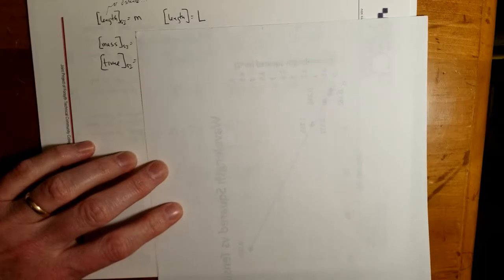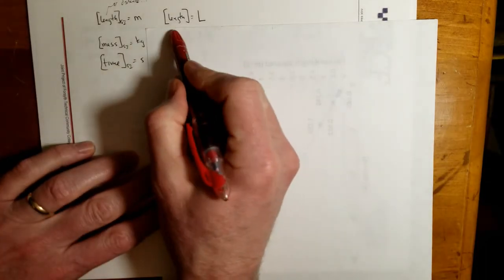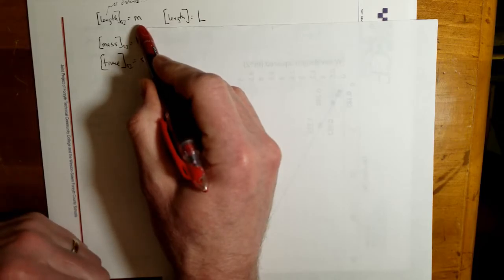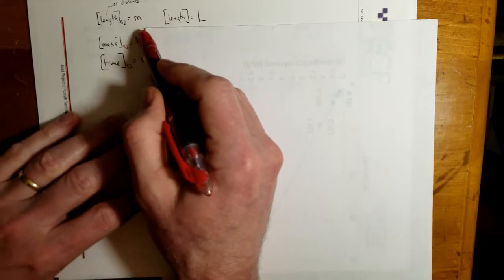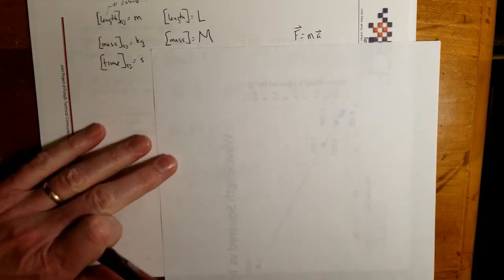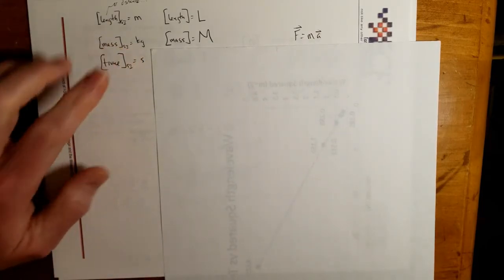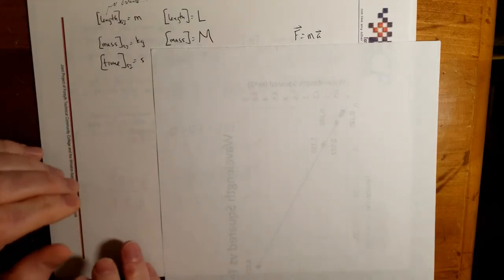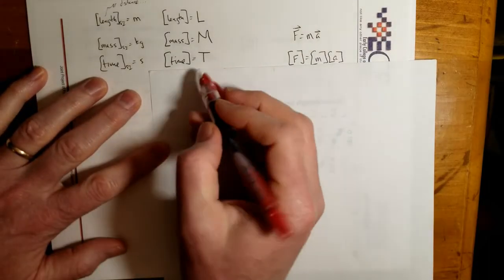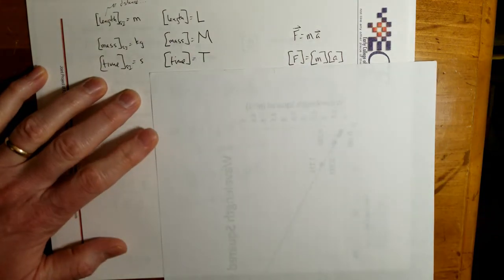But generically, because there are other units of length, there's feet, there's centimeters, there's inches, there's yards, there's miles, there's parsecs, there's light years, we can just generically use the capital L to represent length. Mass, we can just use a capital M, because there are other units of mass besides kilograms. There's also slugs. And then there's this thing called pound mass, which I'm never 100% sure what pound mass is. And then there is time, and so we can just use a capital T for time.